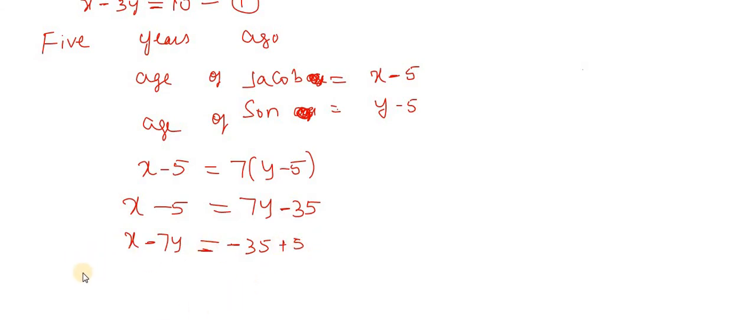So what are you going to get? x minus 7y equals minus 30. Call this equation 2.